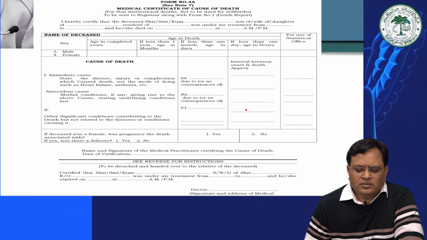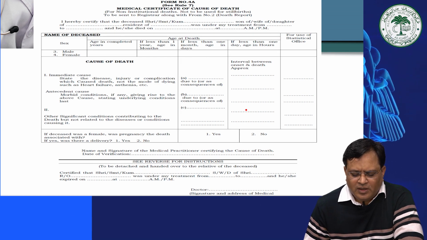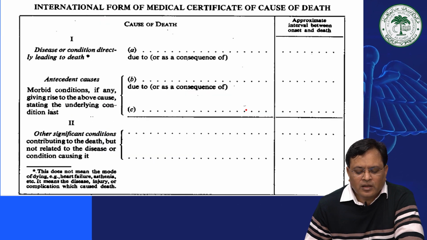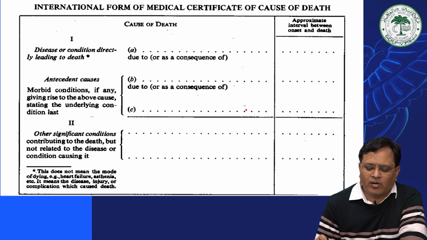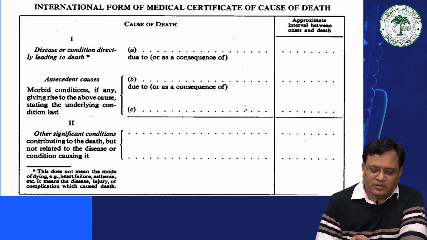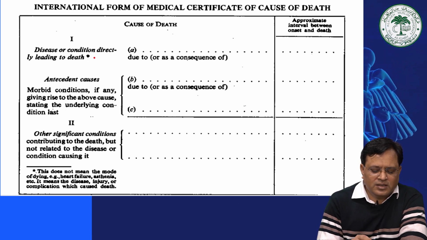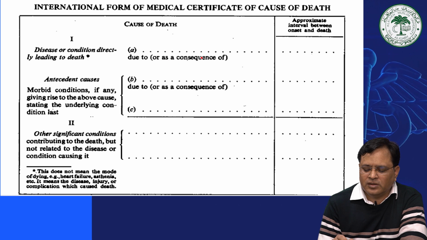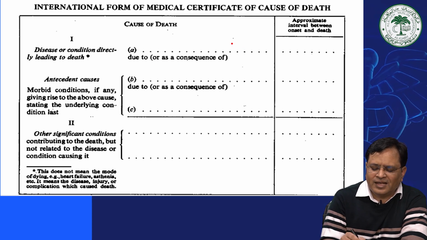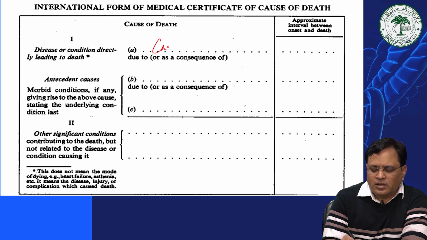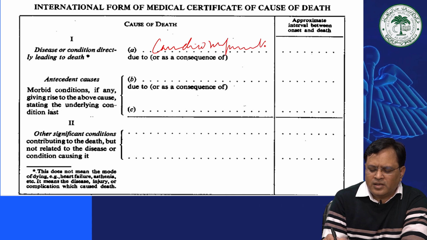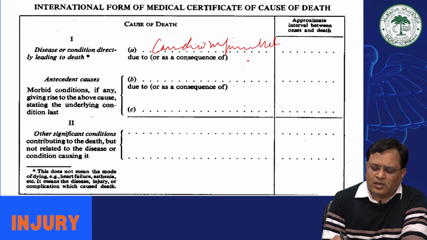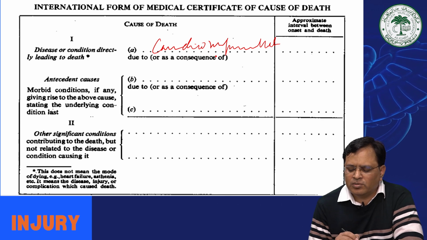This is another medical certificate for the cause of death, a similar thing. Then there are the causes of death. It is the disease condition directly leading to the death, maybe due to shock. We can say the death was due to cardiorespiratory arrest. It is most of the time cardiorespiratory arrest.